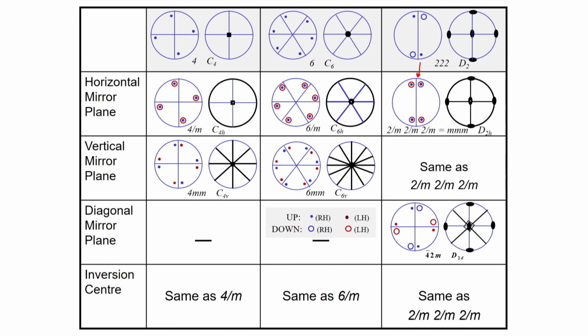This point group is going to generate two more mirrors, one mirror perpendicular to the horizontal mirror, and the third mirror which would be in the equatorial plane. So, all these mirrors will be perpendicular to each other and each of these mirrors will be perpendicular to a two-fold rotational axis, and this is basically called 2 by m, 2 by m, 2 by m, because there is a mirror perpendicular to each of the two-fold axes.